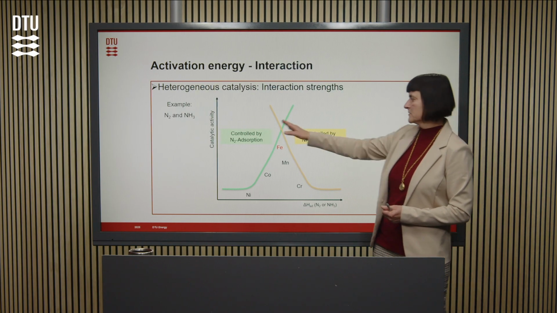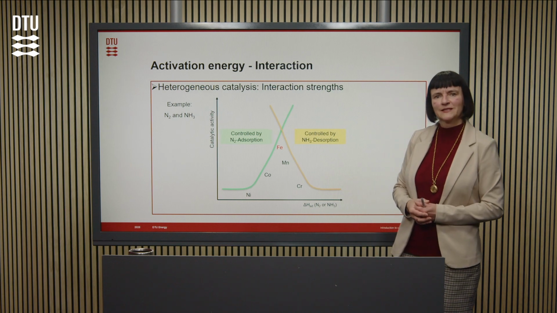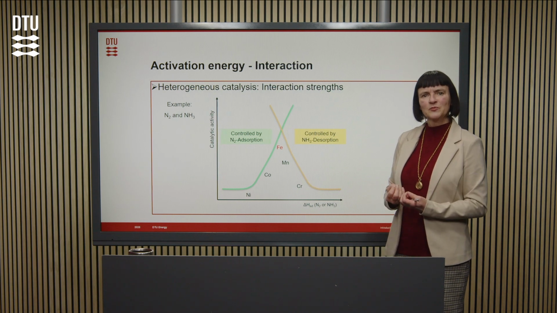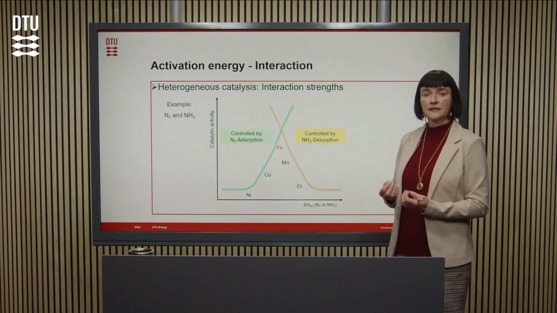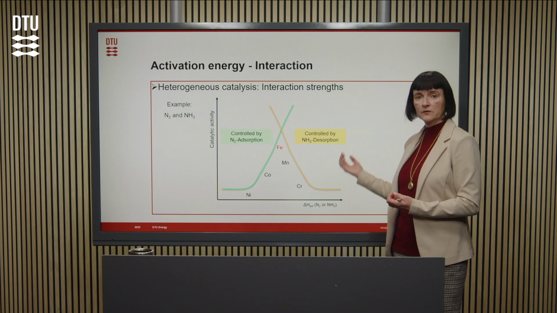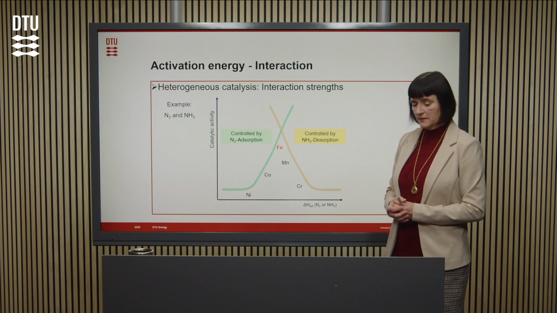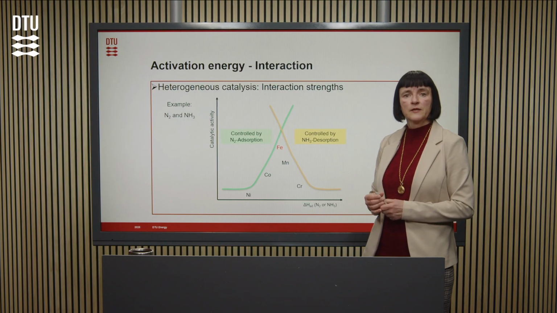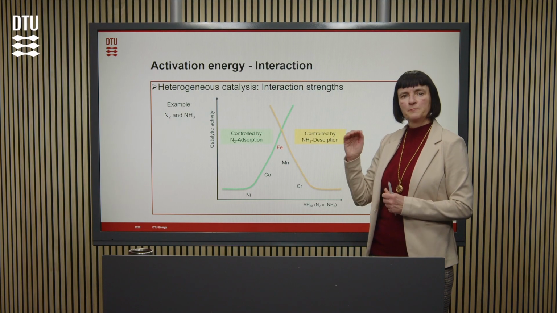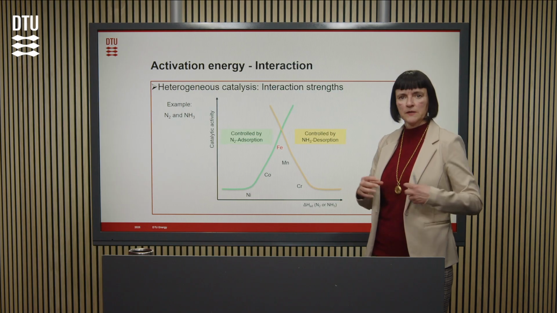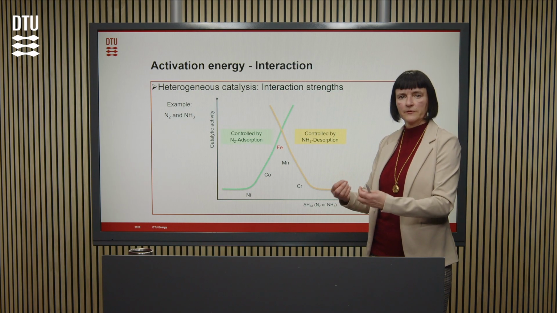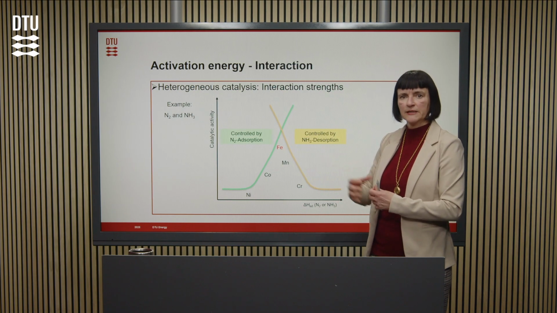And as you see here, there is a kind of sweet spot where nitrogen is adsorbed with a certain strength, then you form ammonia, and ammonia can also be released again. And this is a kind of typical illustration of how this balance has to be achieved between adsorption, activation of the reactant, and then release of the product.